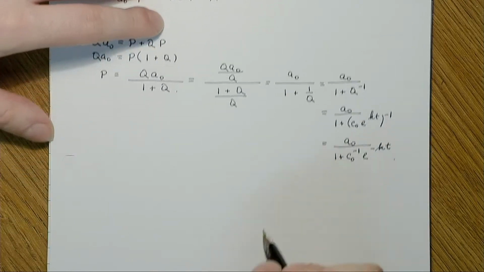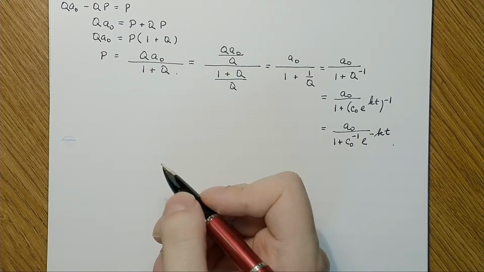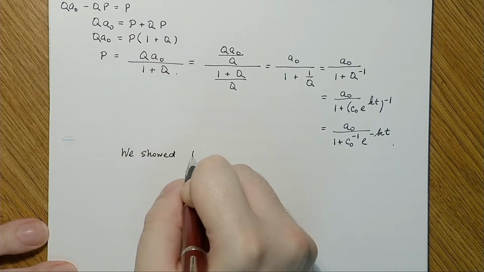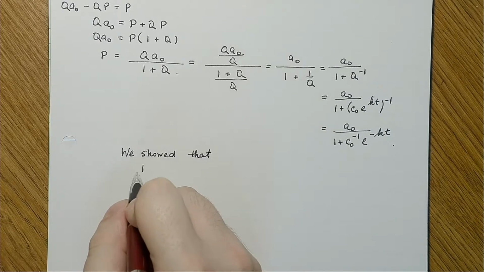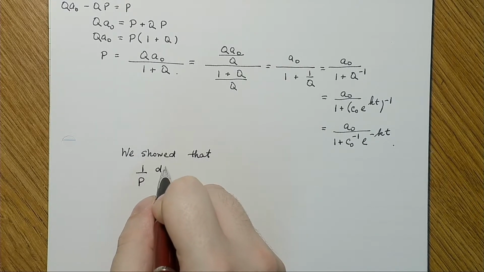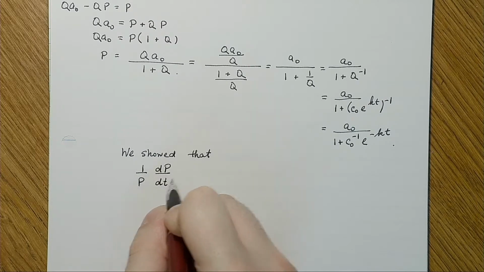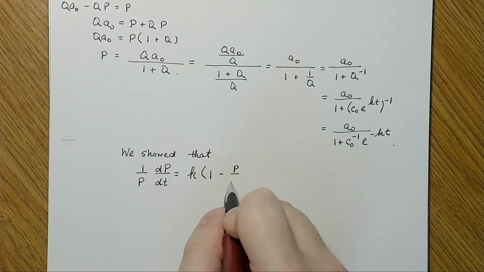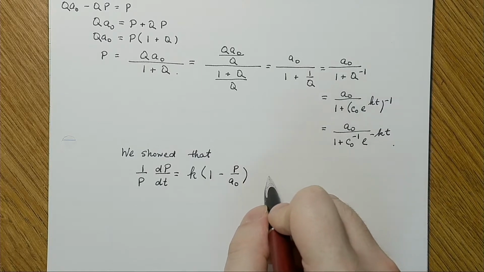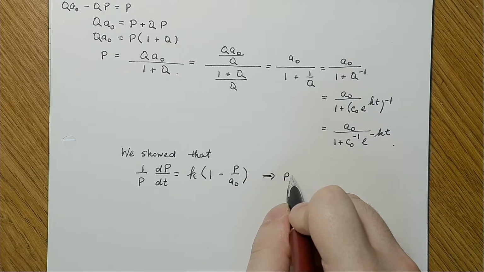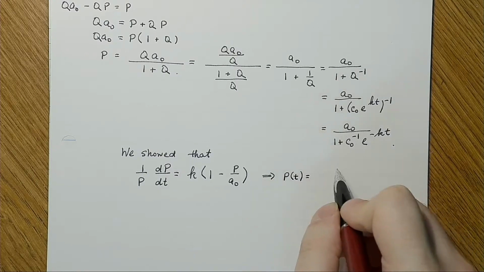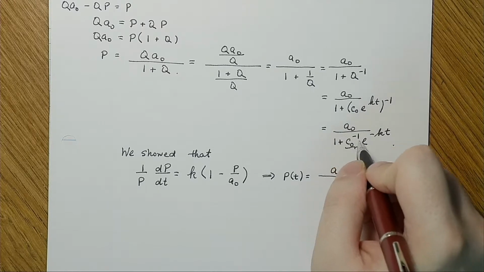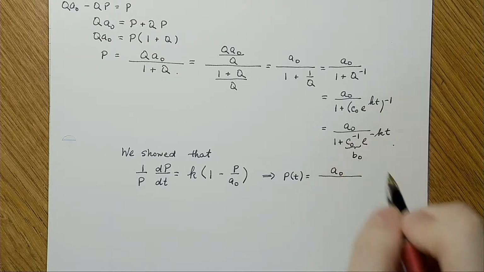And that's it. So I know it was a couple of pages to show that, but what we showed, that idea of relating the rate of infection or the population, like this model, we showed that it was equal to a naught over, and I have c naught to the minus 1, but I'll just call that b naught.